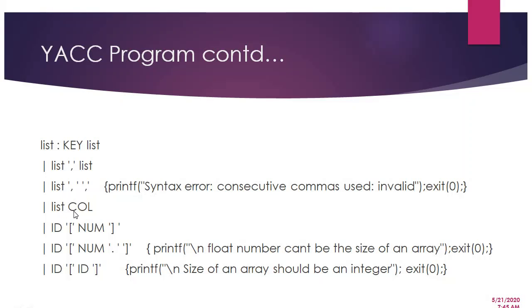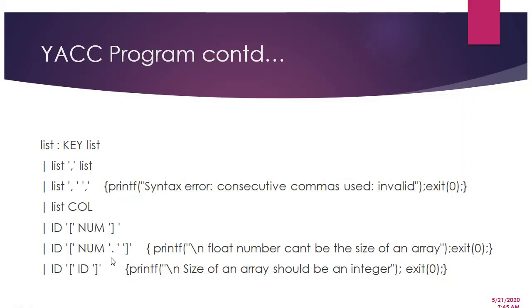Next, list followed by a colon, that is int A semicolon, is also valid. Then if you have an array declaration, ID, that is an identifier, we'll see in the Lex file, followed by your num value within the subscript, is also valid. If you have ID within brackets, num followed by a dot, it is not valid, because inside the array subscript you have to use an integer value.